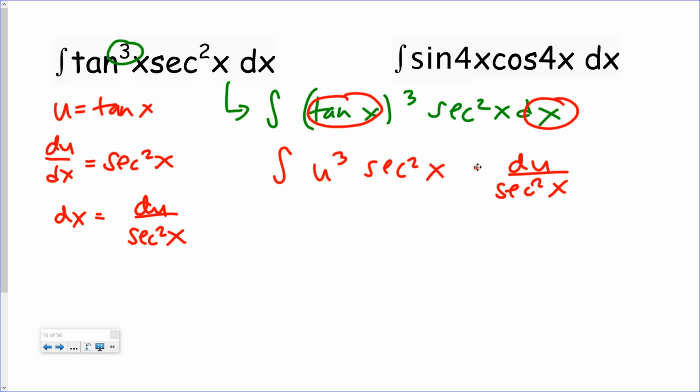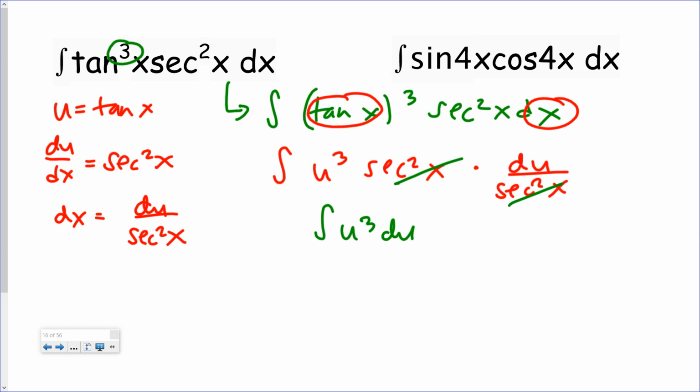Do you see my strategy? My strategy was to make the derivative secant squared so that I divide by the derivative and cancel out. So to make that derivative secant squared, my u had to be tangent x. Do my x's cancel out? Yes. So this problem becomes u cubed du.